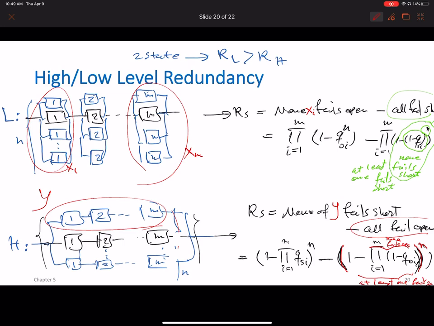And the first statement just tells me the probability that none of them fails short. So the first Y doesn't fail short, and the second one doesn't fail short, and the third one doesn't fail short. So I have n of those.